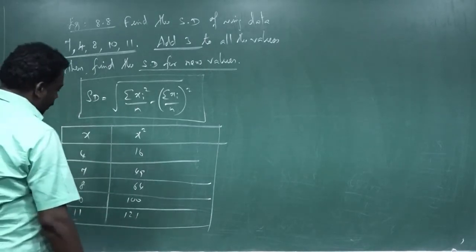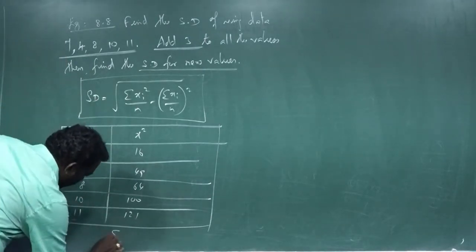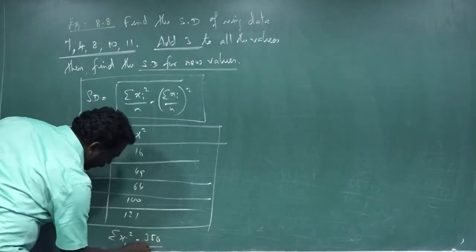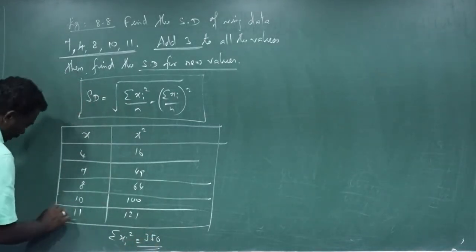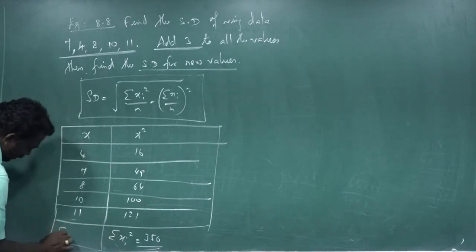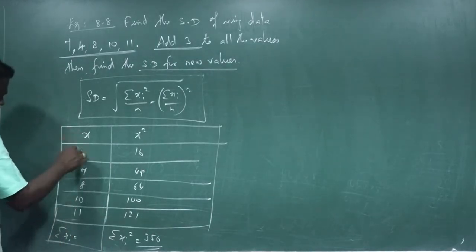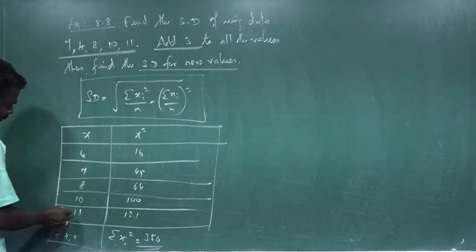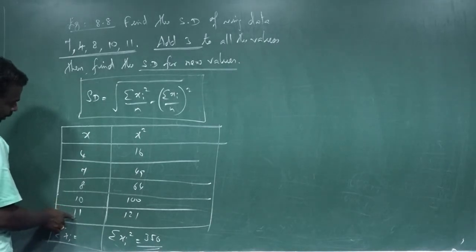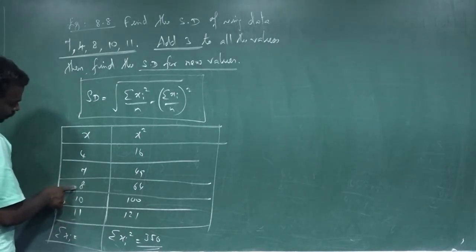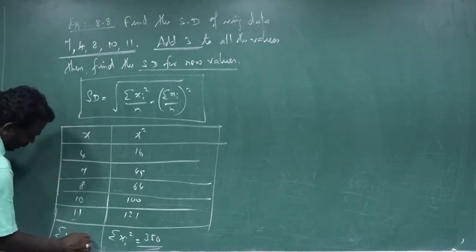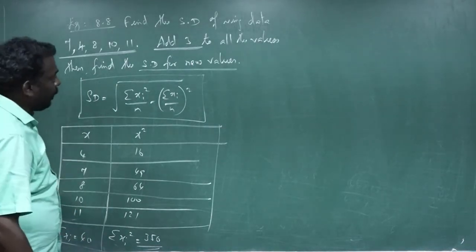Now the total value, summation xi square, is equal to 350. Then the sum of the terms, summation xi, add these 5 numbers: 4, 11, 19, 29, 40. Therefore 40 is the summation of xi.